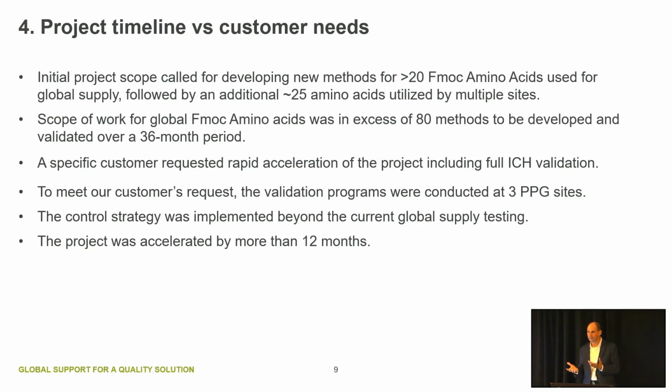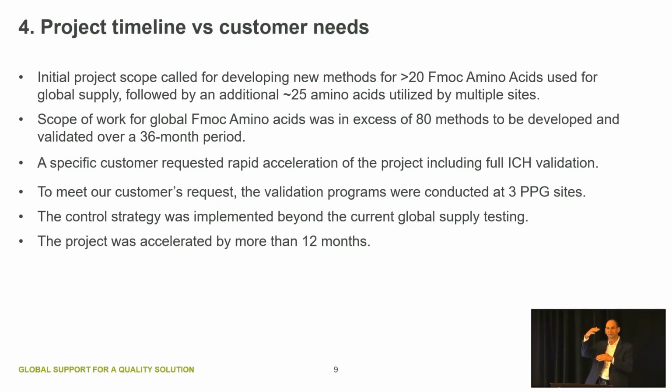And now we are implementing this control strategy. And this is another interesting part: we have a current control strategy. It's working. It's being used for commercial products. We have to implement this dual or second row of testing on top for this specific customer, but other customers are requesting it as well.